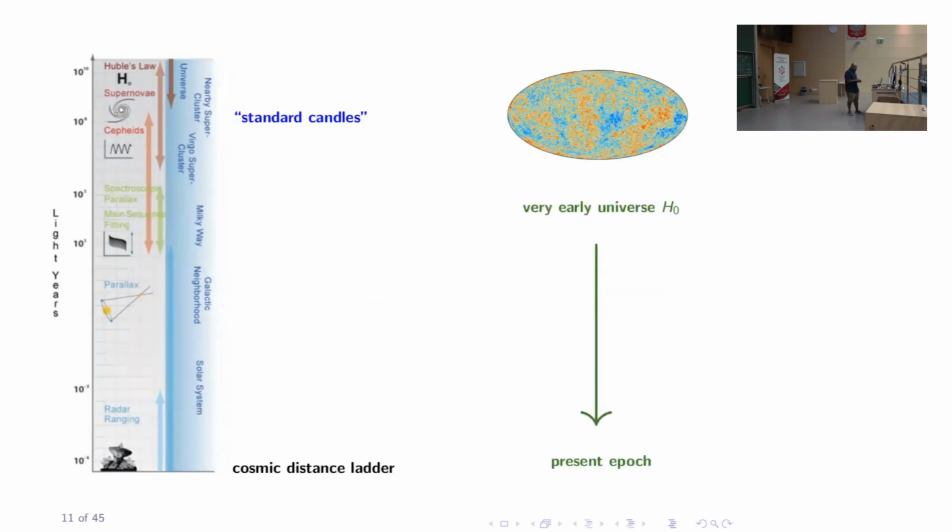The measurement of the Hubble constant can come from local measurements, or it can come from the very early universe, where you use the CMB fluctuations. With the CMB fluctuations you measure the Hubble constant back in the very early universe. With a cosmological model, you can extrapolate it to the Hubble constant in the present epoch.